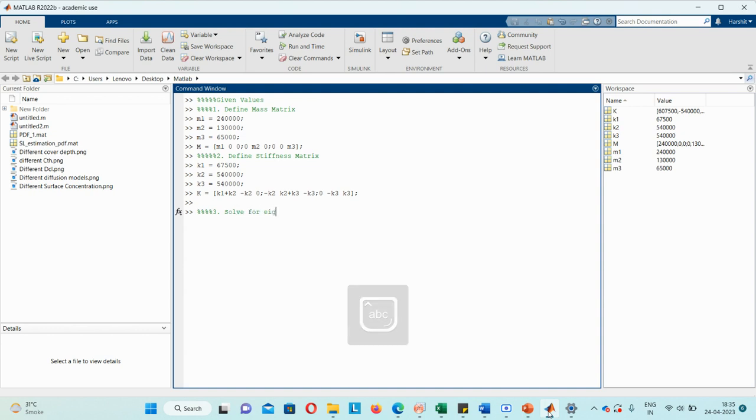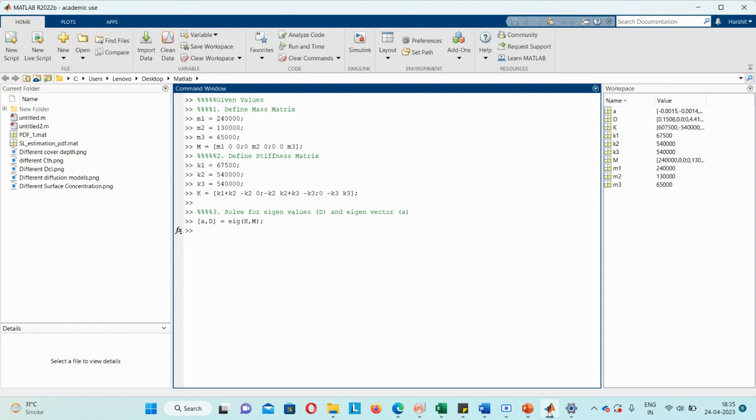Solve for eigenvalues D and eigenvectors A. For this, we'll use the inbuilt function of MATLAB, the eig function. It will be given by A comma D is equal to eig K comma M. Now, what will this return?